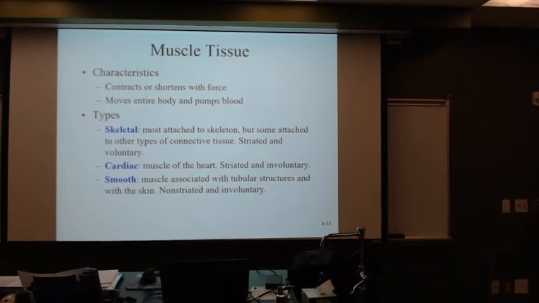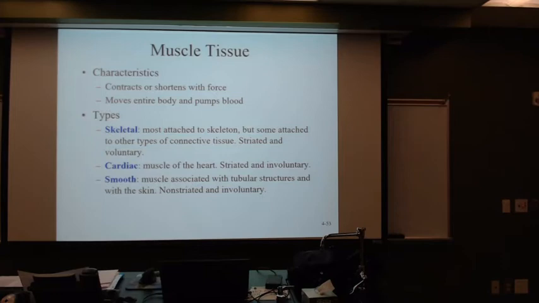And with muscle tissue, one of the things that I want to point out, because a lot of times when we tend to think about muscle, we tend to think about skeletal muscle. But I want us to recognize and hopefully remember that we're going to have 3 types of muscle in the body.